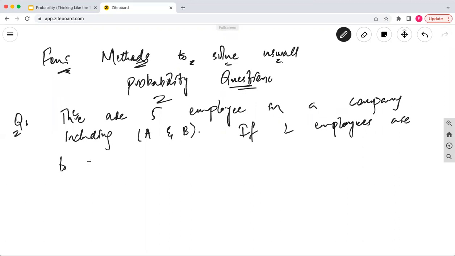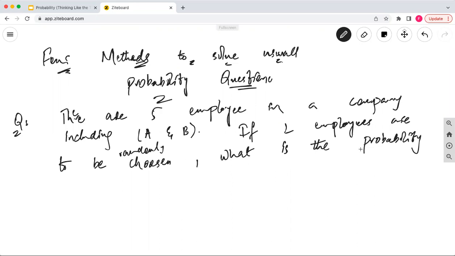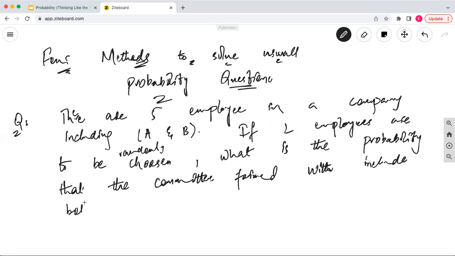If 2 employees are to be randomly chosen, what is the probability that the committee formed will include both A and B, both at the same time?